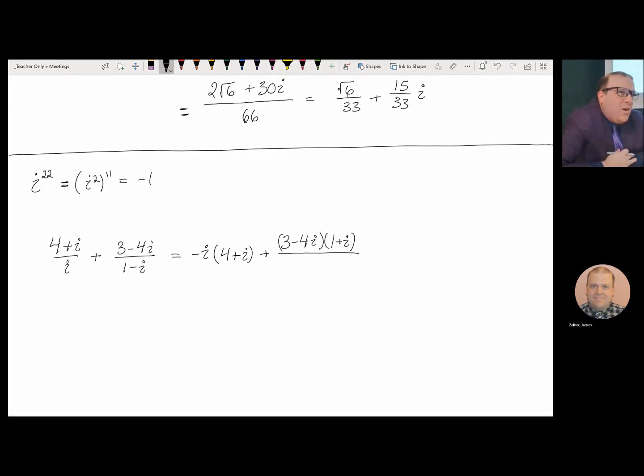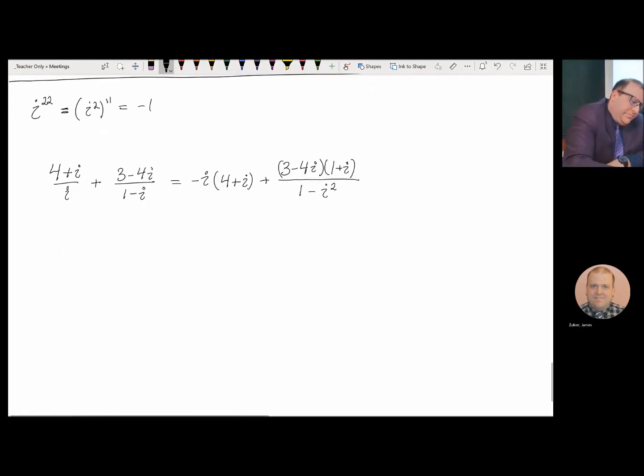(3 minus 4i times 1 plus i) over, and I'm just going to do the difference of squares. 1 minus i squared in the denominator. Negative i squared is 1.